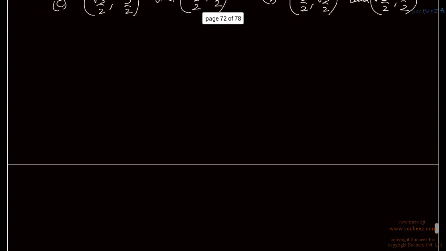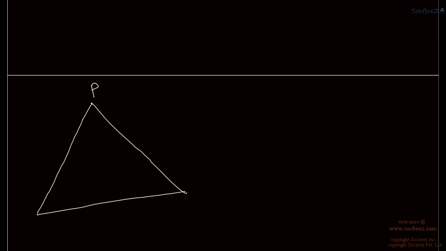Okay. So we have to find the equation of the circle first of all. So we have an equilateral triangle. So let us have an equilateral triangle, and a circle inscribed inside this triangle. Say this is P, Q and R, and a circle inscribed inside the triangle.